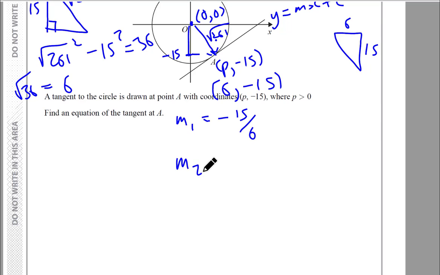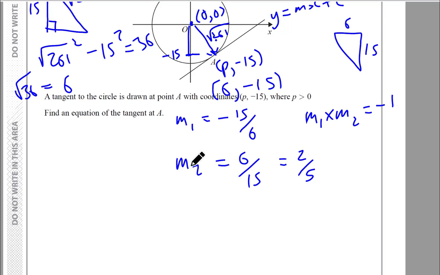So m2, can you see this is the perpendicular gradient, m2 is going to equal 6 over 15. Right, remember m1 times m2 needs to equal minus 1 to prove they're perpendicular. Let's simplify that to something easier, divided by 3 is 2 over 5.